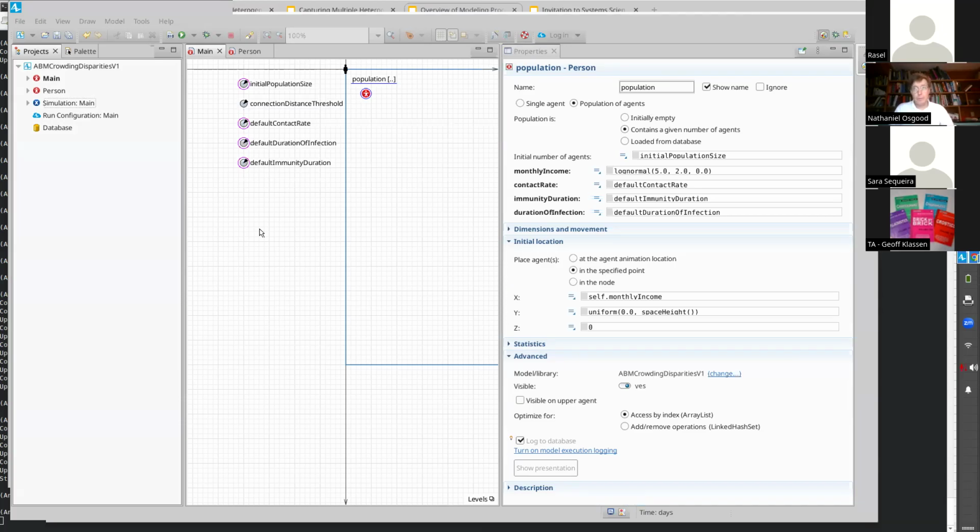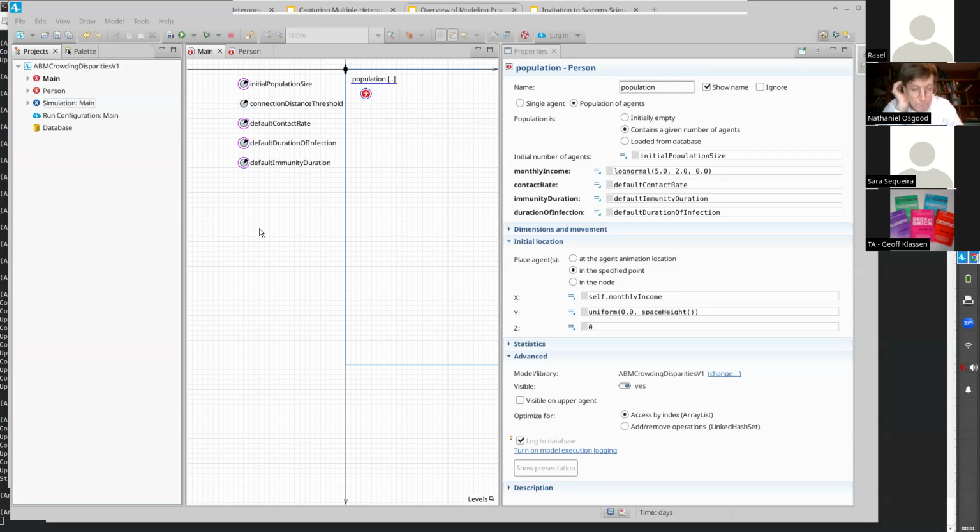Yes, Roselle. So, Professor, the way we distributed the monthly income using log normals in the initial population. I'm sorry, I didn't catch that. Say that again. We distributed the monthly income using log normal distribution, right, for the agent. Yes, we distributed their monthly income at an individual level by drawing from a log normal distribution.